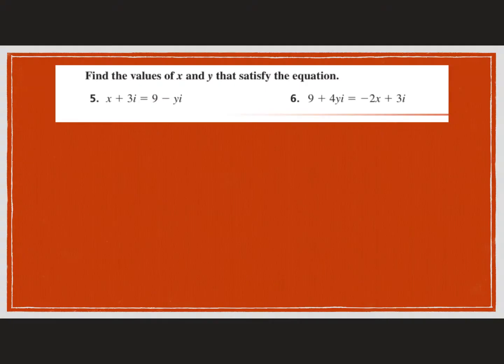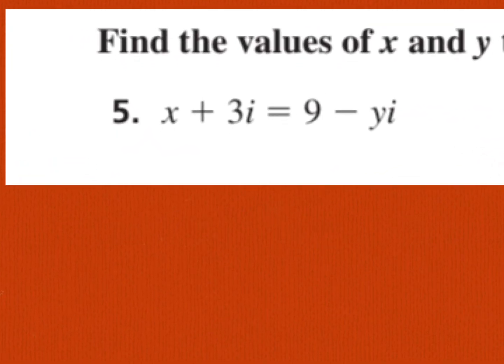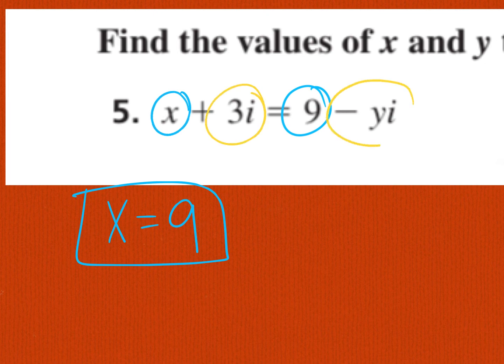All right, we're going to do 2 more just like that. So what are my real parts for number 5? x and 9. So I would say x is equal to 9. Do I have to do anything to solve that one? Nope, solved. Done. Now what are my imaginary parts? 3i and negative yi.